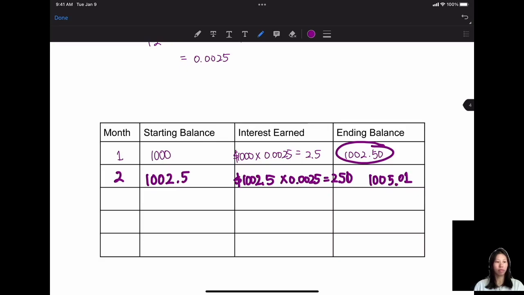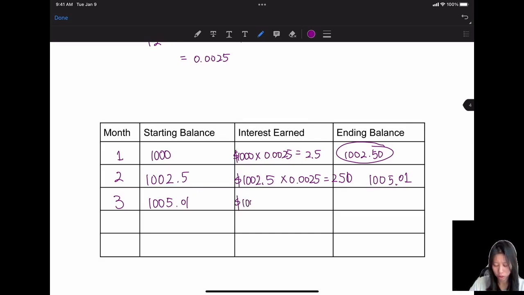Okay, now the next one. After the third month, what's your starting balance? Your starting balance should be $1,005.01. And then we use that to earn the interest.